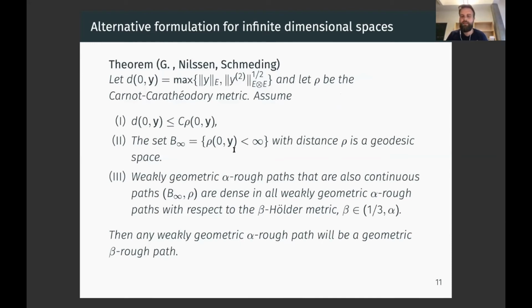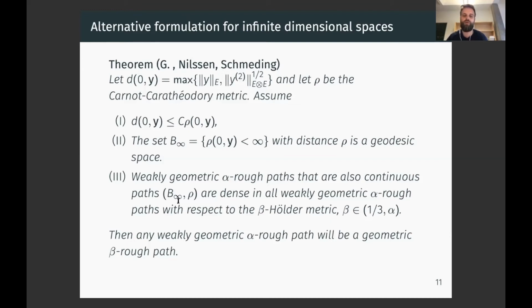In order to get something that works in an infinite dimensional setting, we introduce the following criteria that we have to have satisfied. Namely, our distance has to be bounded from above by the Carnot-Carathéodory distance.